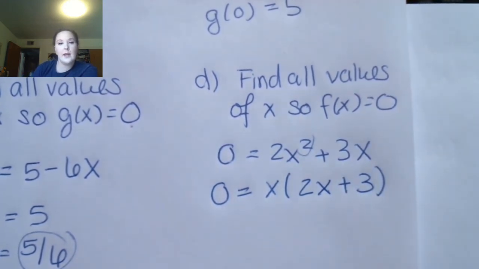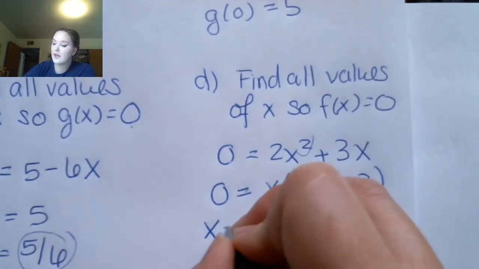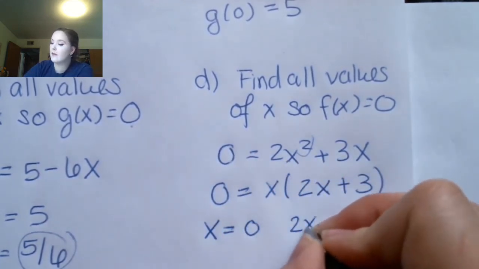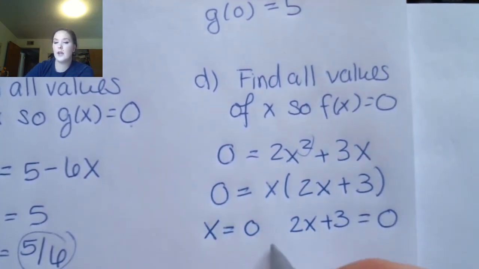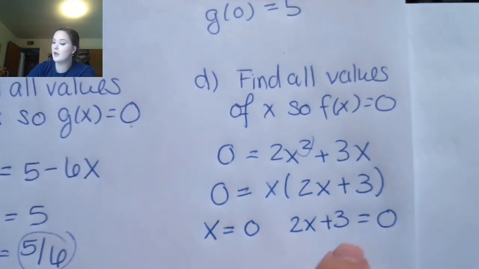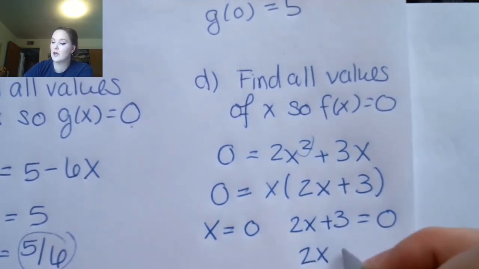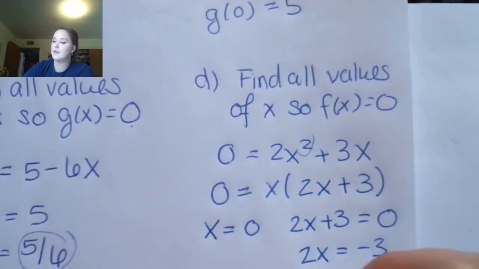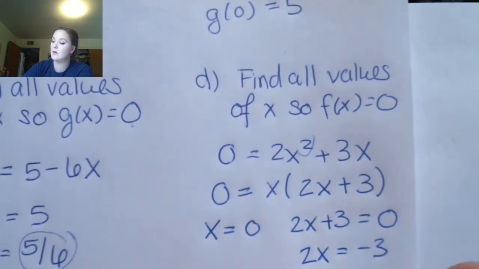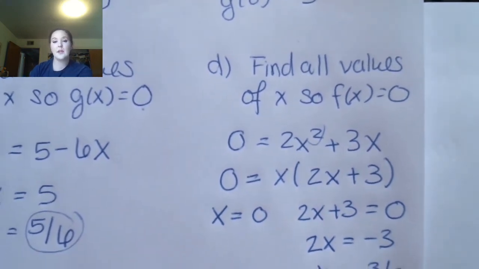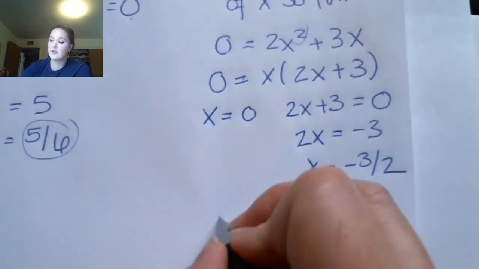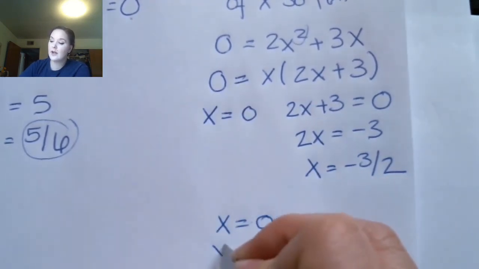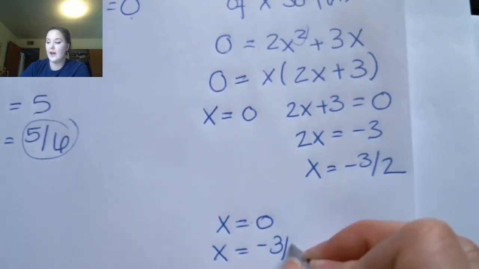Now I'm going to continue my solving process by setting each factor equal to 0. Here I already have my solution, x equals 0, and over here I'm going to finish this by subtracting 3 from both sides and then dividing both sides by 2. So here I'm actually getting two different solutions for x: x equals 0 and x equals -3/2.